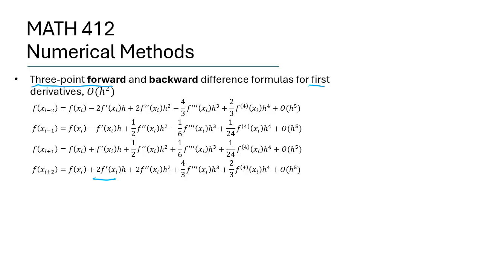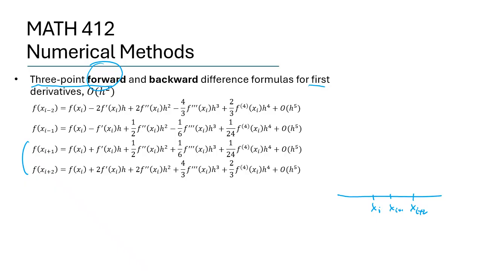Now forward: x i plus 1, x i plus 2. That's the 3-point forward formula, that's 2. We'll use x i plus 1, x i plus 2. You say, hey, where's x i? x i is here, so don't worry about it.